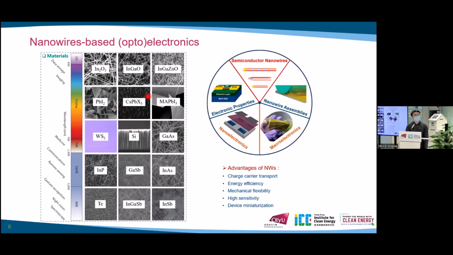The semiconductor nanowire has band gaps and corresponding wavelengths covering the UV light, the visible light, the near infrared, and the SWIR light. And as a result, you can use it in imaging, communication, night vision, and different kinds of spectroscopy.